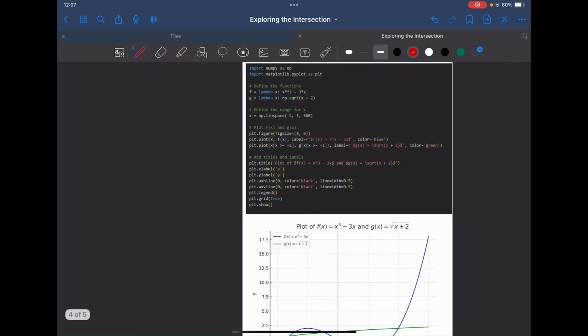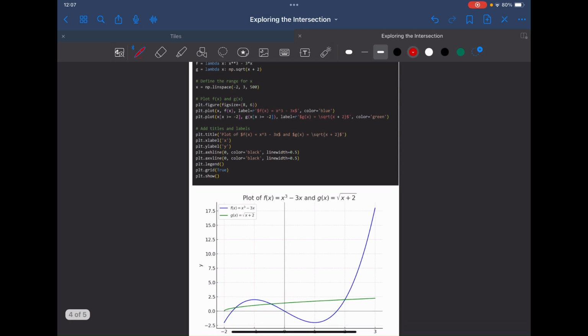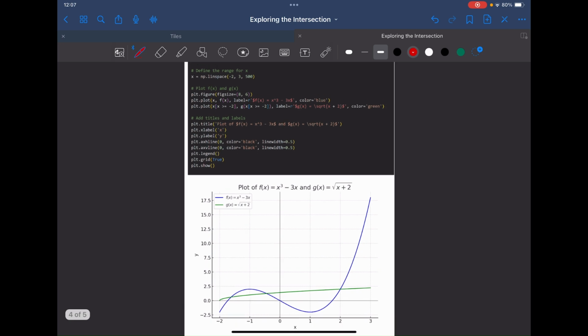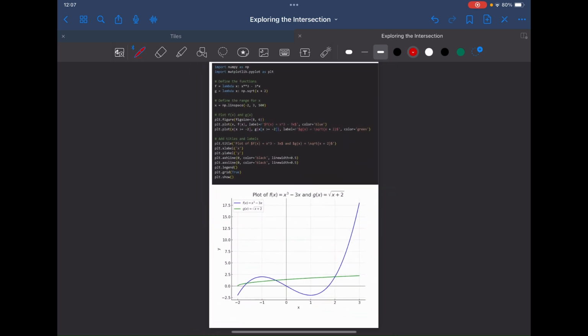And I also prepared a plot for these two functions. This is the Python code, and this is the plot that we have for these two functions. And as you can see, after x equal to 2, we have an equality, but after that, this f(x), which is x to the power 3 minus 3x, is larger than root of x plus 2.